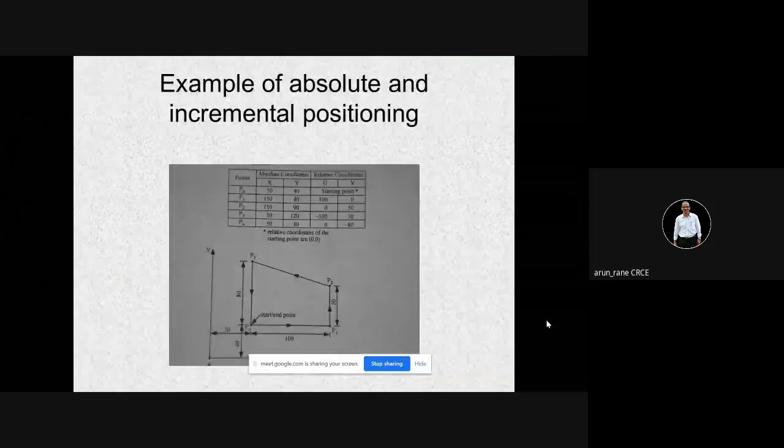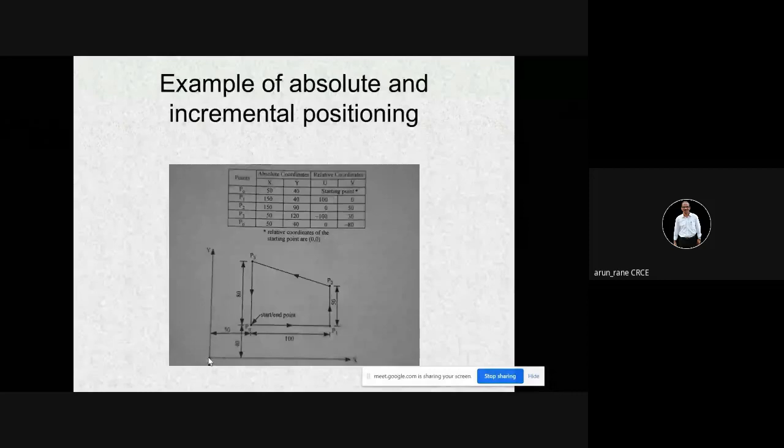Let us say this is my x0, y0. This is my workpiece zero point as well as my program zero point. Generally they are the same. Now there is one column for absolute coordinate and another column for relative coordinate.